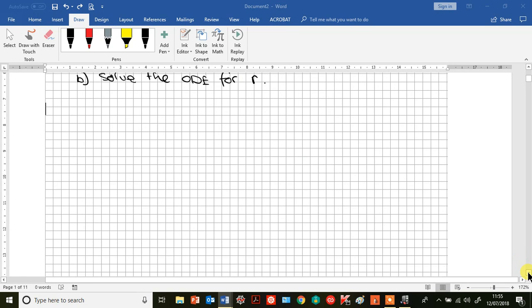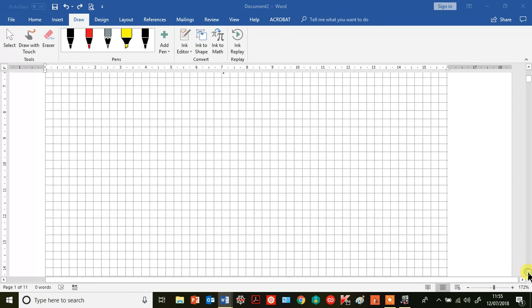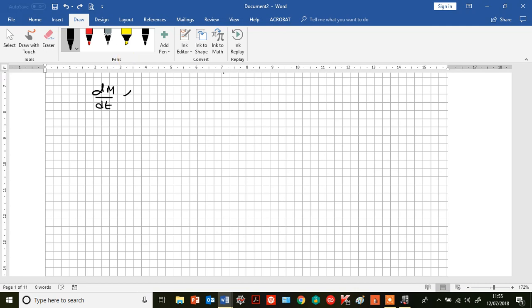So bearing in mind the first part of the question, we have dm by dt, the rate at which mass changes with respect to time, and that's proportional to the meteorite surface area. Now we know that the area of any spherical object is 4 pi r squared.